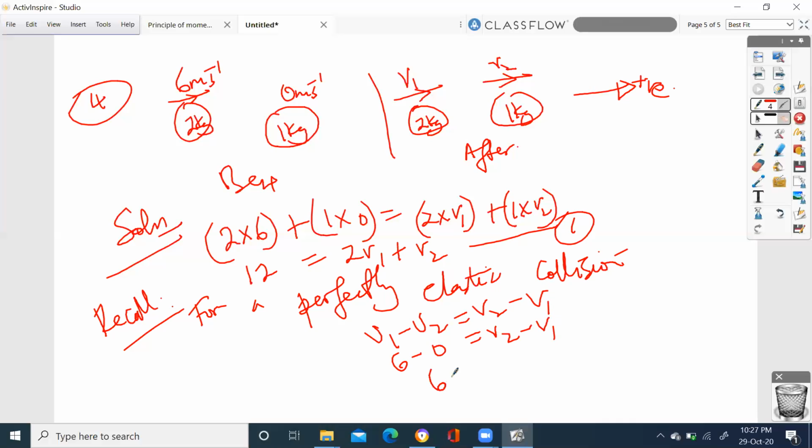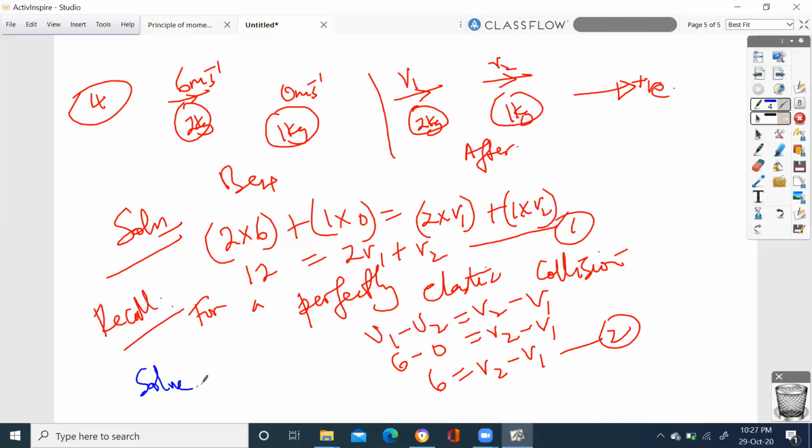So 6 is equal to v2 minus v1. Those are 2 equations with 2 unknowns, v1 and v2, which gives a simultaneous equation. So you can solve them simultaneously and you get the answer.